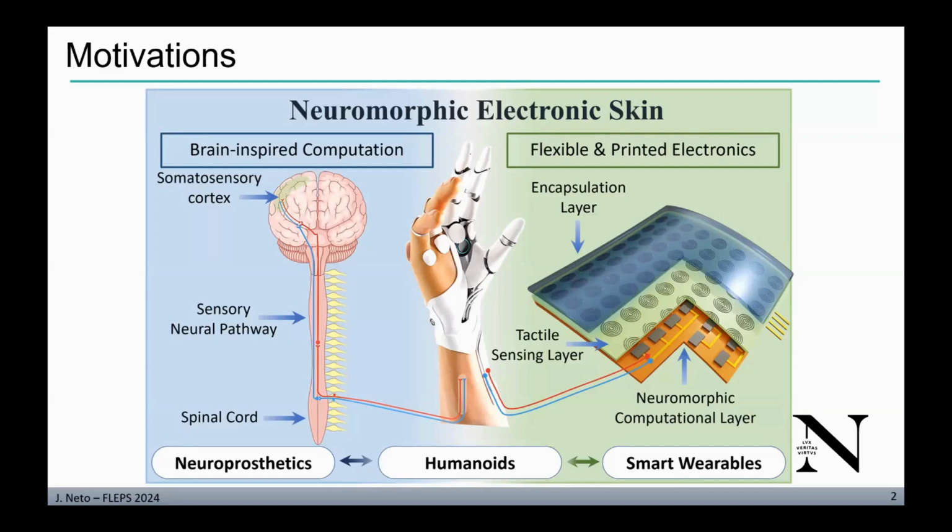One of the ways is to start processing at the point of contact itself. And that's where you are looking at distributed computing near the sensor. So the device that I will present in this talk is something that would be placed close to the sensor itself and would allow some level of processing at the point of contact, not complete processing, but partial processing.